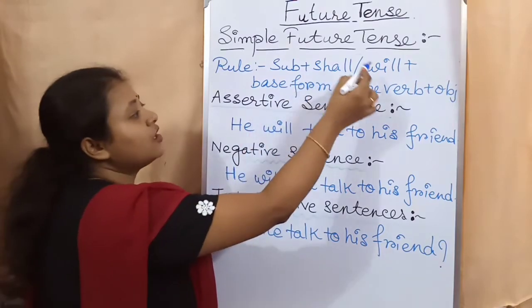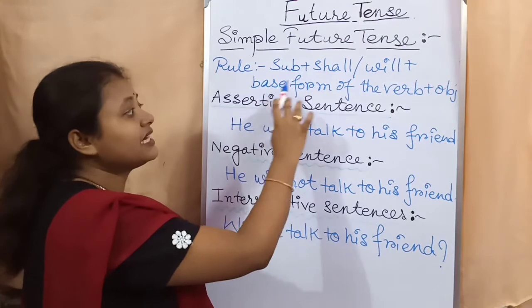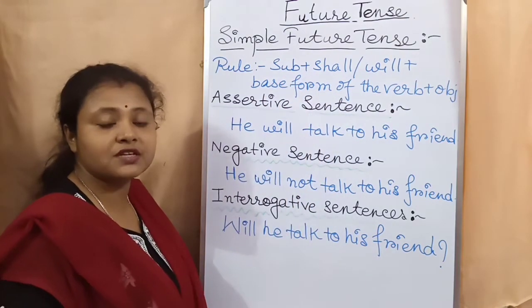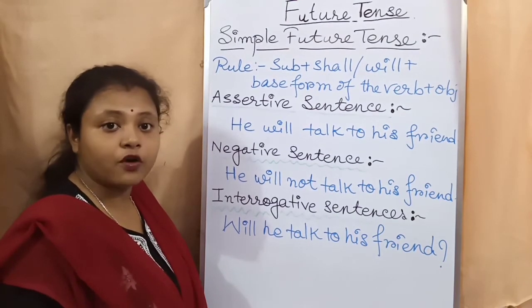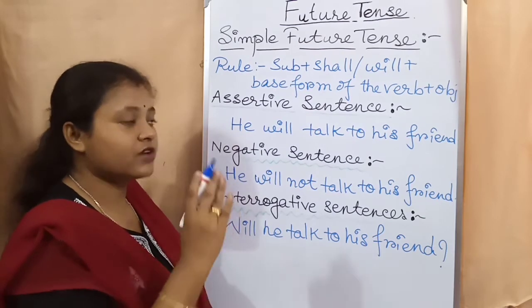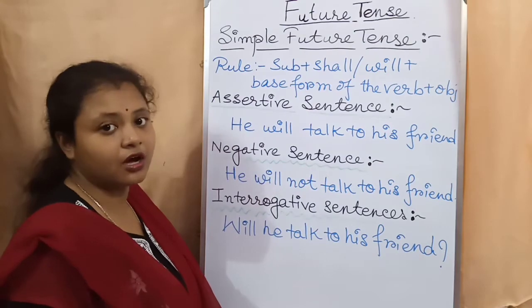After that shall or will, according to the subject. After that the base form of the verb. Base form of the verb means the present form of the main verb. You cannot write the past form of the main verb. The present form of the main verb obviously you have to write. After that the remaining portion of the sentence or the object.